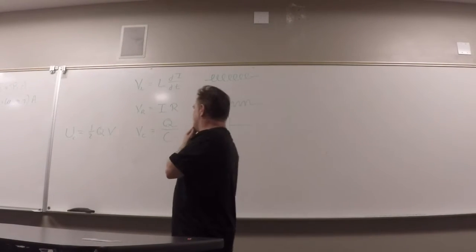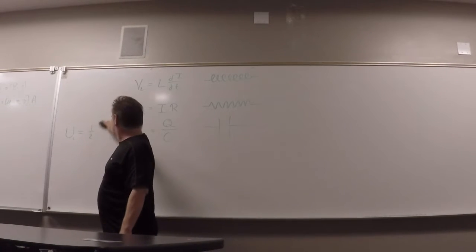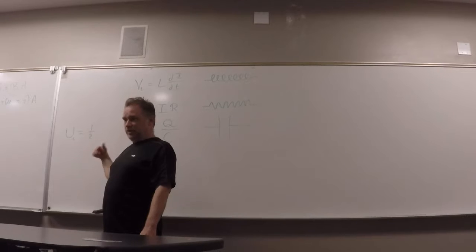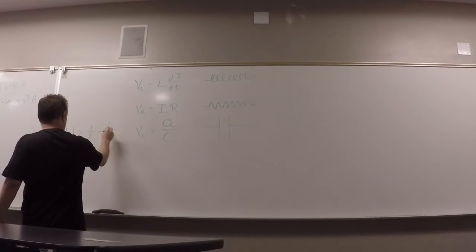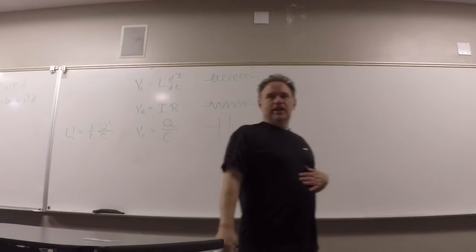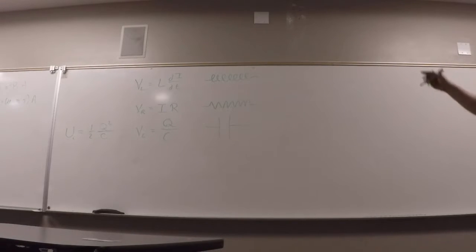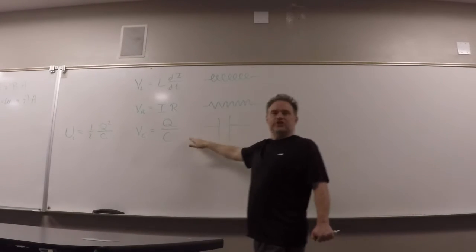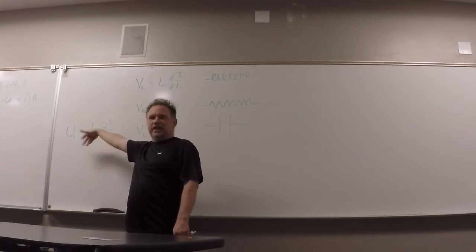Or if I wanted to put it in terms of something else, let me go ahead and change this to charge and capacitance. So that would be Q squared over C. And by the way, to switch between any of those three formulas, simply use this relationship, substitute in here for the one you don't want, and you'll get the other two.